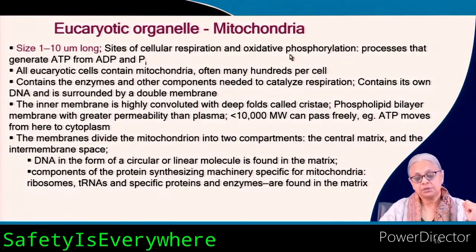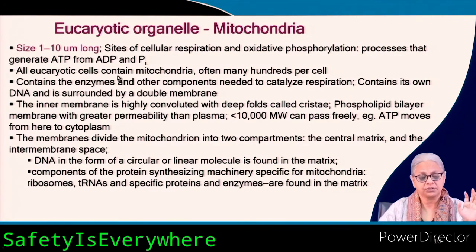So cellular respiration and oxidative phosphorylation is what helps any of these eukaryotes to generate ATP from ADP and phosphate. So adenosine triphosphate is generated when adenosine diphosphate combines with another phosphate to form ATP.